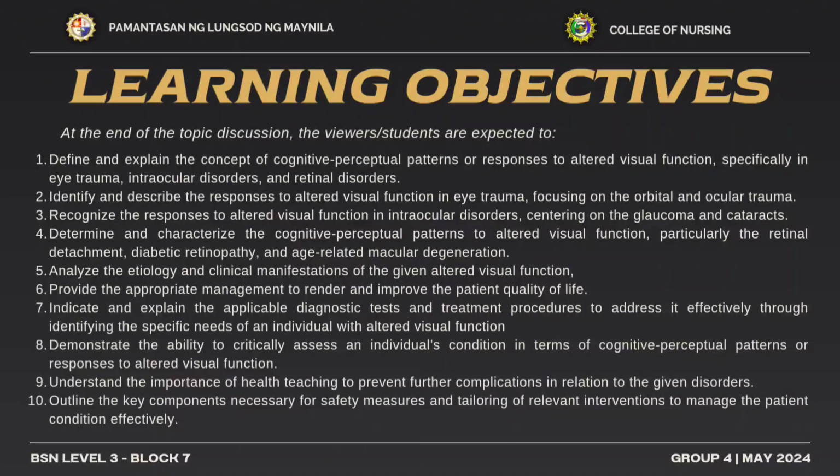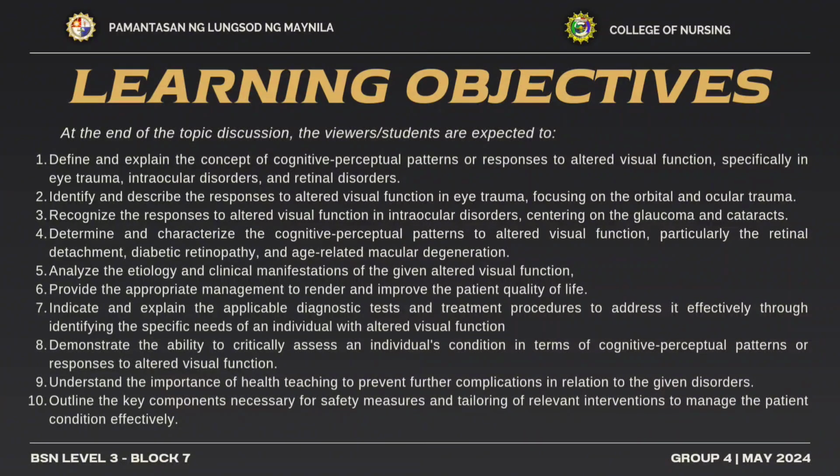And with that, for the learning objectives, at the end of the topic discussion, the viewers or the students are expected to, first, define and explain the concept of cognitive perceptual patterns and responses to altered visual function, specifically in eye trauma, intraocular disorders, and retinal disorders. Second is to identify and describe the responses to altered visual function in eye trauma, focusing on the orbital and ocular trauma.